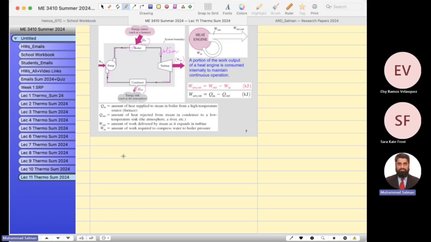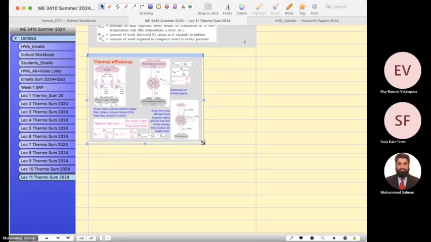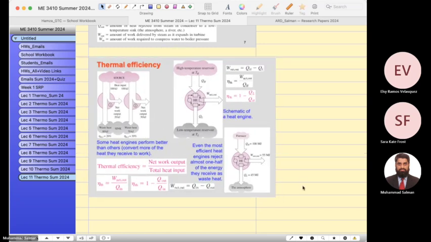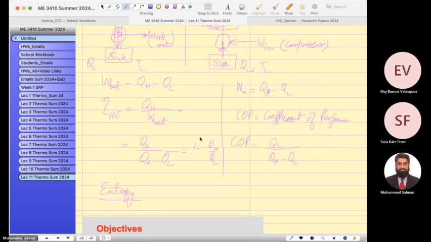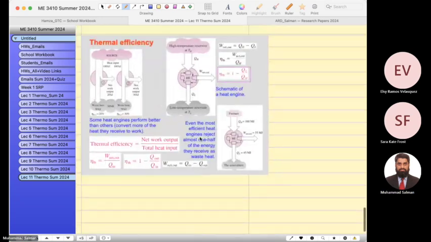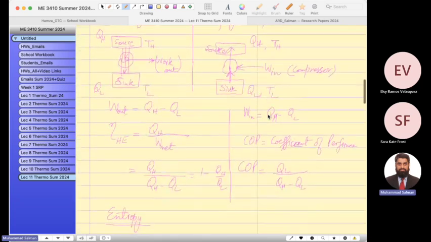So let me show you the next slide here. This is the thermal efficiency of a heat engine, which I explained earlier, Q_H minus Q_L over Q_H. So if you take a look here, I'm sorry, did I make a mistake here?